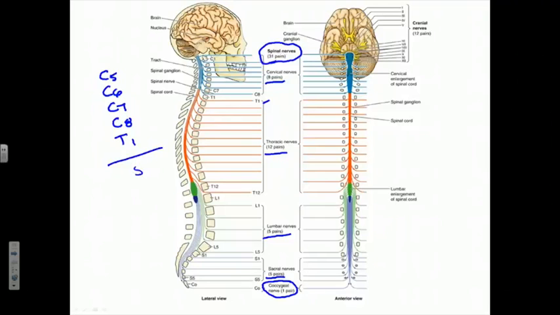So we are saying at the outset that there are going to be 5 pairs of spinal nerves, mainly those arising from cervical spinal cord, plus the T1 spinal nerve, that are going to provide the muscular and cutaneous and joint innervation of the entire upper limb.